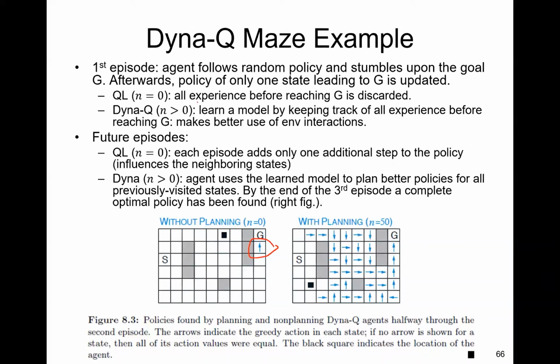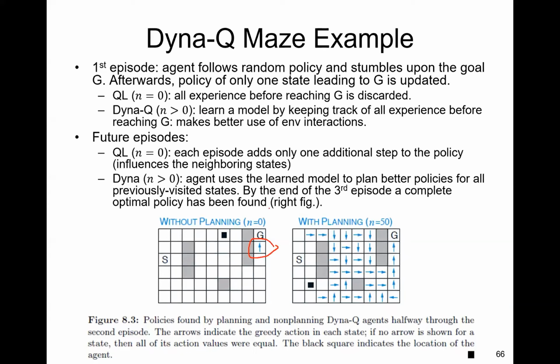So all the experience before reaching G is discarded in normal Q learning. But for Dyna-Q, it keeps track of all the previously visited states and actions and rewards, and learns a model by keeping track of them. So it makes better use of environment interactions.